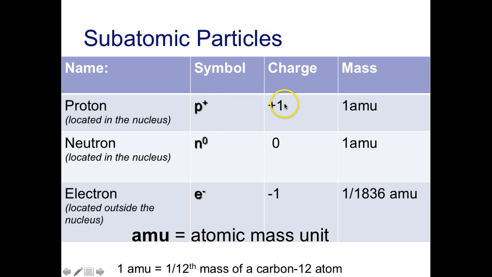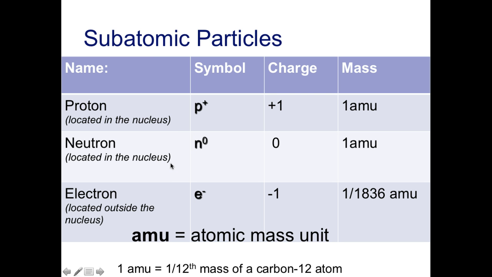It has a charge of +1, and it has a mass of 1 AMU. AMU stands for atomic mass unit. That's the mass of the proton, 1 AMU. And the proton is also located in the nucleus.